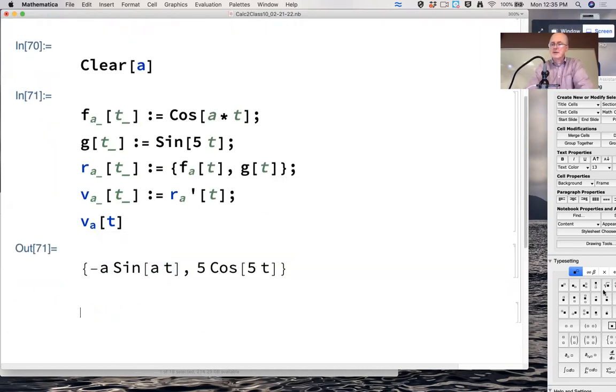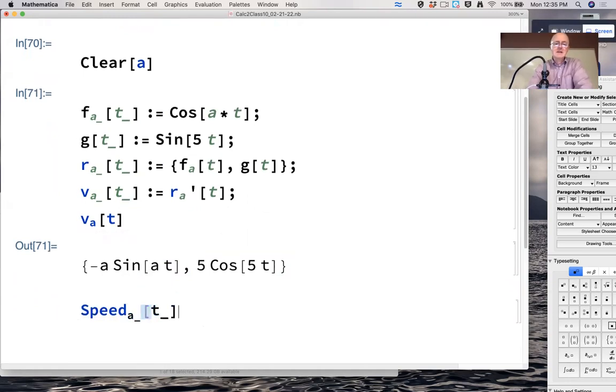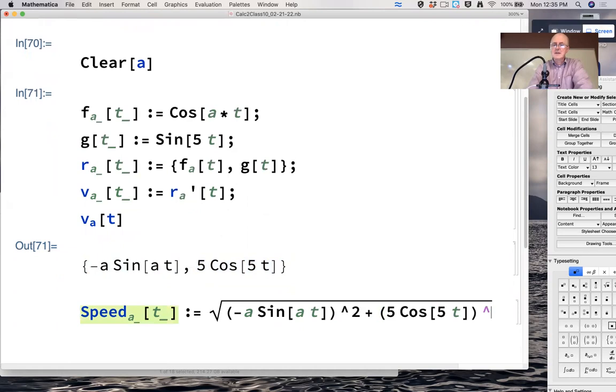And that means the speed depends on A as well. Let's use a subscript for that too. Speed sub A of t is the square root of this thing squared plus this thing squared. Right? This is stuff I've taught you about.